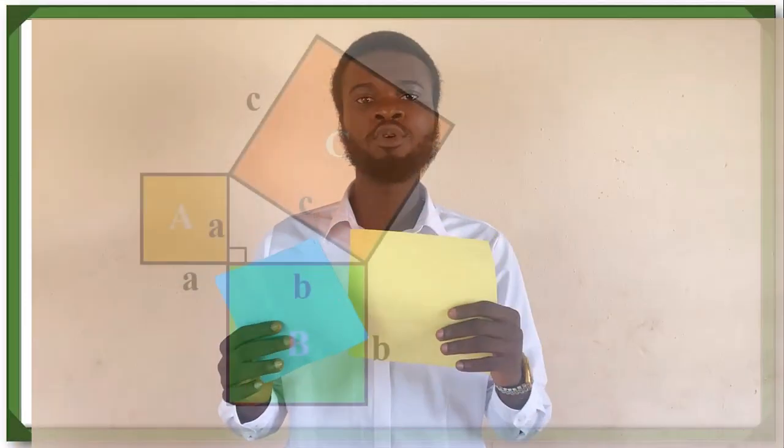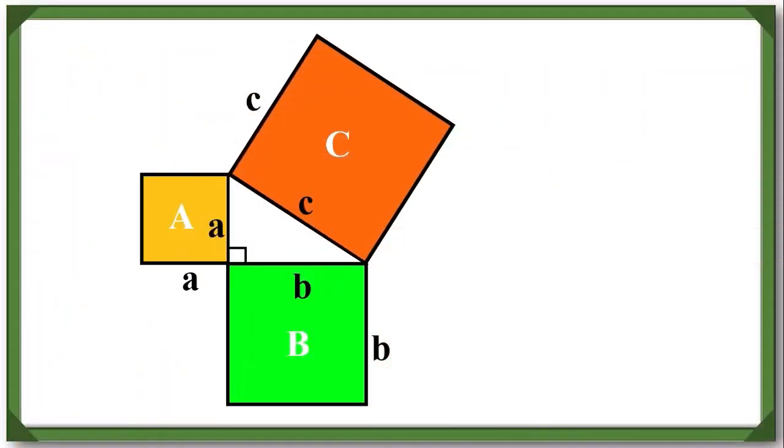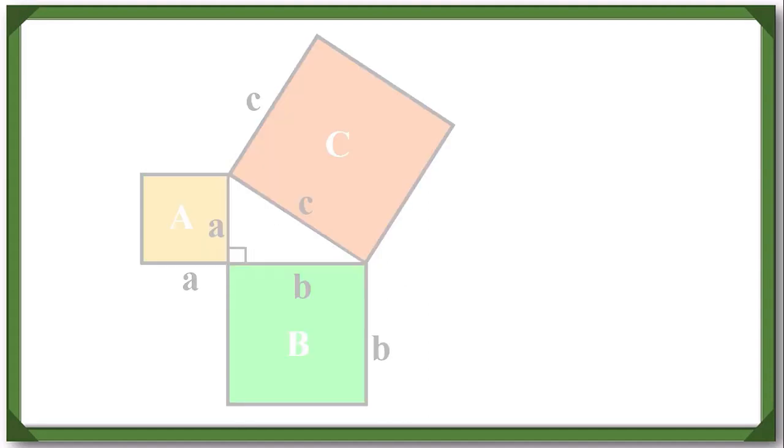We are going to cut and arrange these two squares on a bigger one to see if it covers its whole area. But before that, let's find the area of all the three squares.